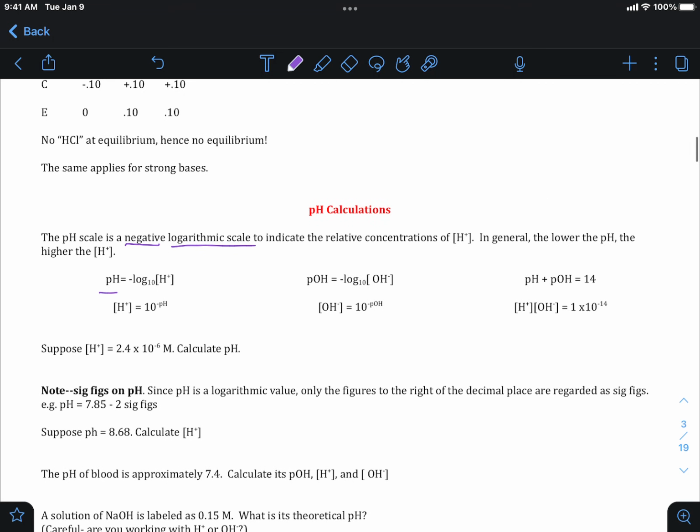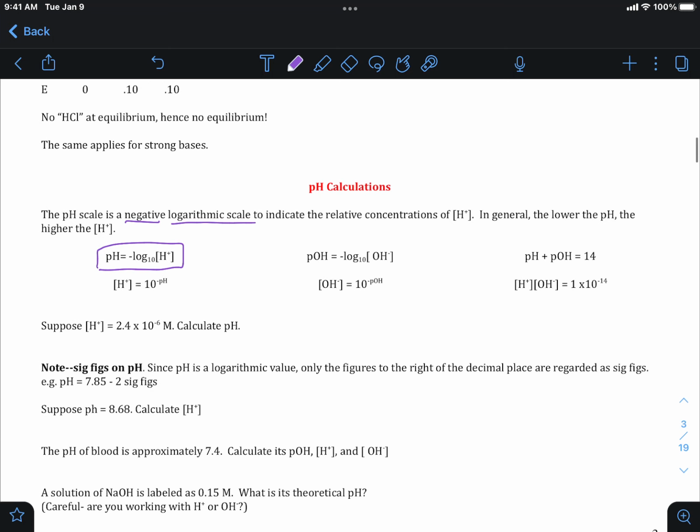So your base equation is here, and by using any H+ concentration, you should be able to find the pH. So let's say the H+ concentration is 2.4 times 10 to the minus 6. Just type in the negative log of 2.4 times 10 to the minus 6, and you will get a pH. Well, you tell me, what pH do we get?